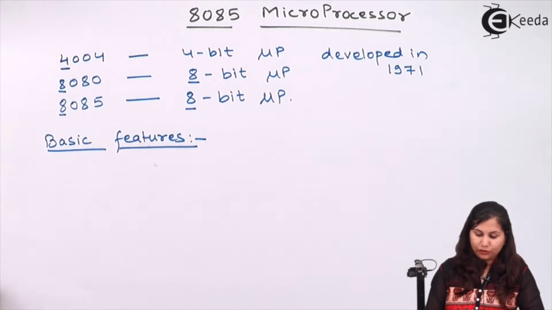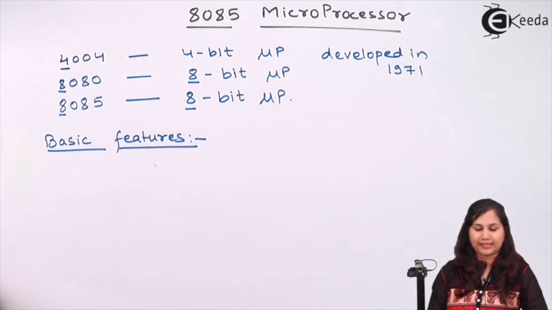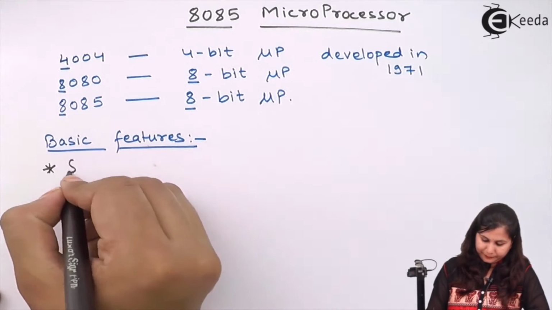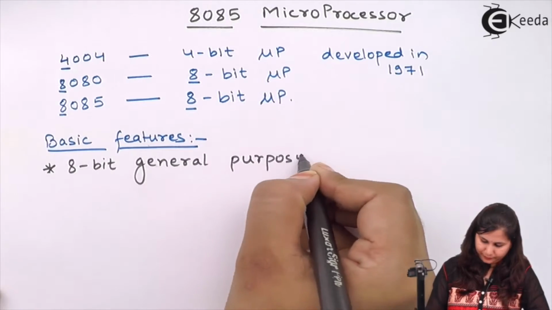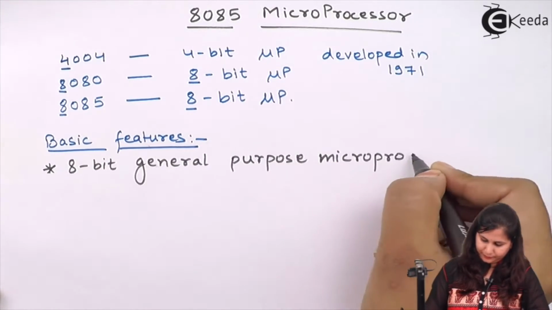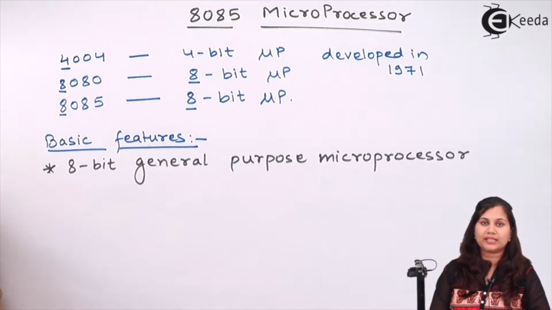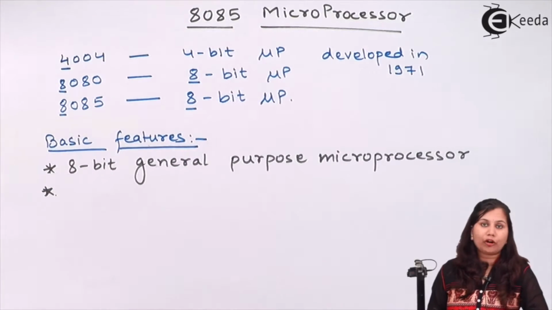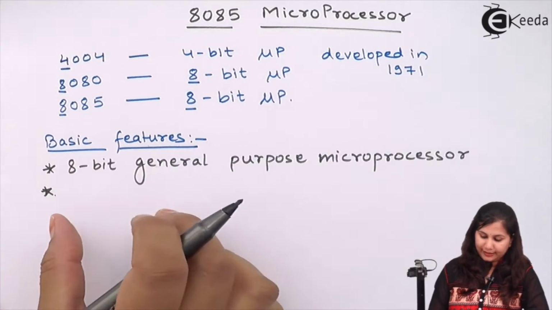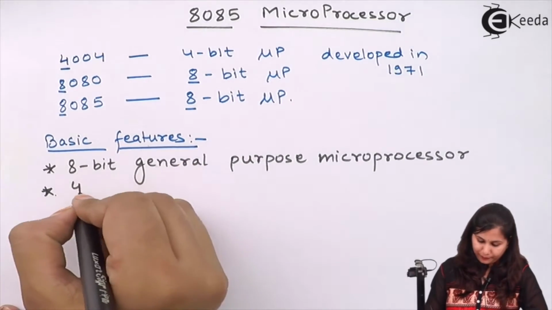So the first feature of the 8085 microprocessor is that it is an 8-bit general purpose microprocessor. It is a general purpose microprocessor, so it can be used in any type of application. Then it is a 40-pin IC. It comes as a 40-pin IC package.